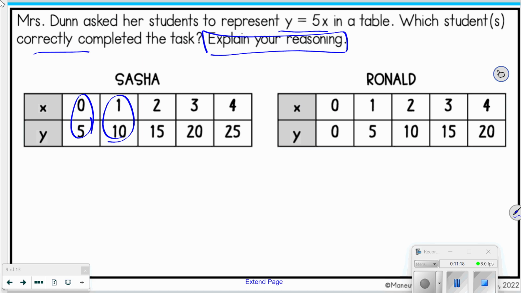10 over 1 would equal 10. On this one, he started at 0, 0. So 5 over 1 equals 5. 10 over 2 equals 5. So Ronald would have been correct.